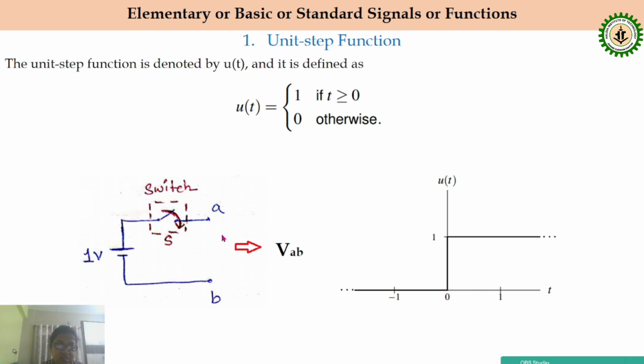The whole voltage comes across AB, so we get this 1 volt. This way you can generate the unit step function in the lab also. So this is one standard signal, the step or unit step, and the representation is u(t).